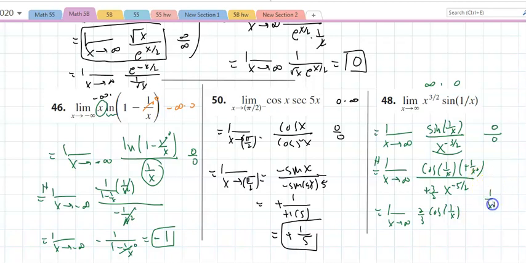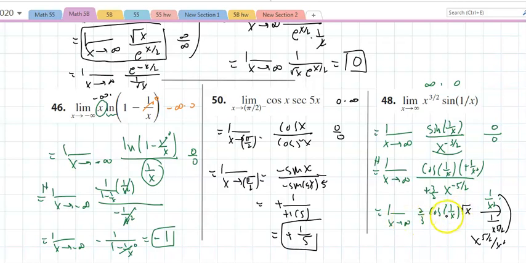What is 1 over x squared times 1 over x to the negative 5/2? Or say divided by 1 over x to the 5/2. Don't you multiply by the reciprocal? That's x to the 5/2 divided by x squared. That is square root of x.